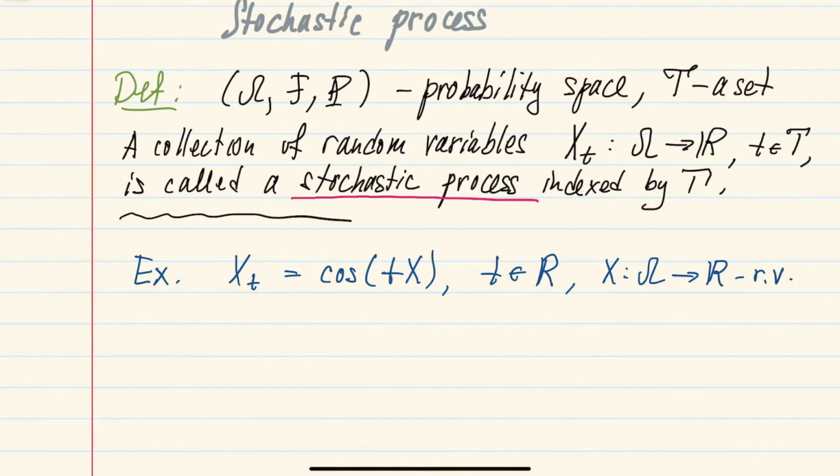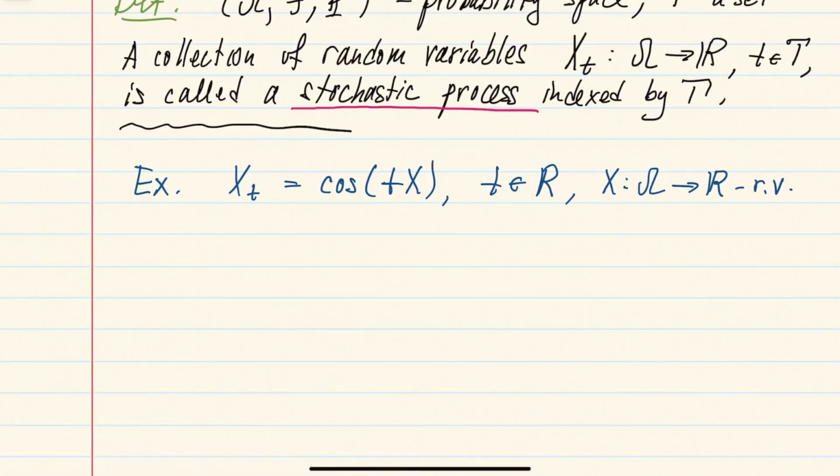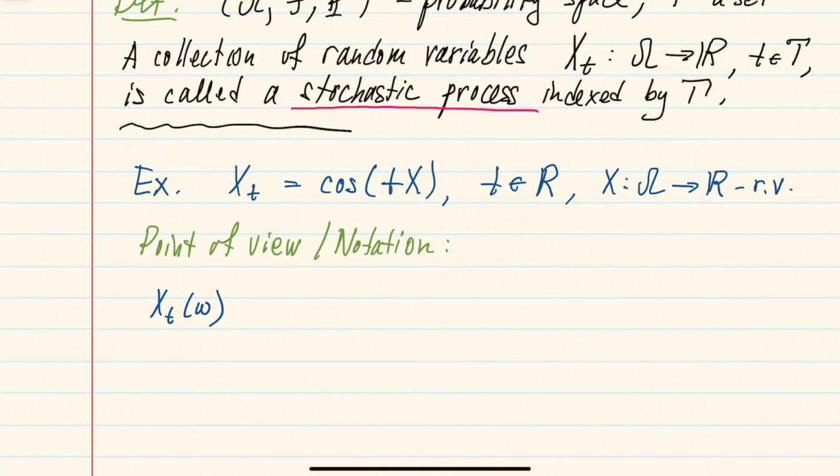So this is an example of a stochastic process. Now, there are different points of view that you can take on how you view a stochastic process. As a result, you can use different notation to emphasize these different points of view. For example, the way we defined the stochastic process is just a collection of random variables indexed by some index t, and a random variable is a function on a probability space, so if you make this dependence on omega explicit, you could write it like that.